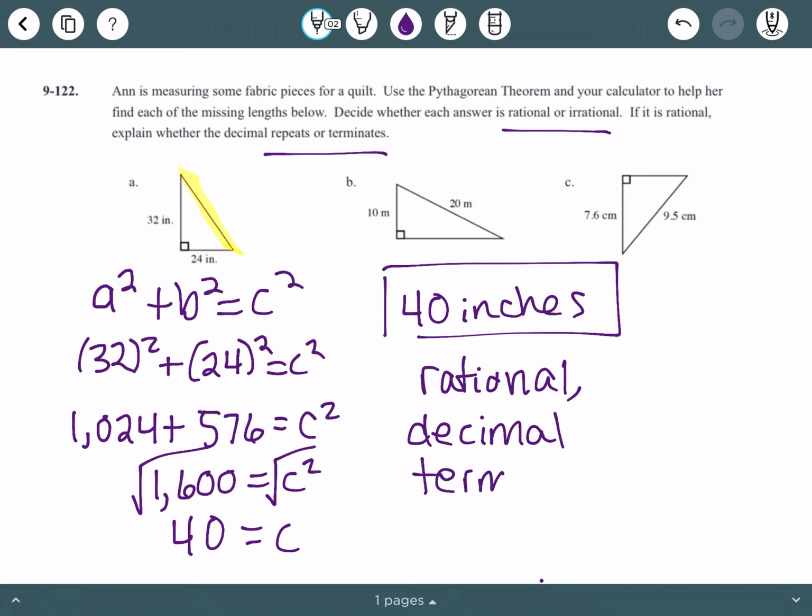Remember, terminate is just the more mathematical word for end, so it means the decimal ends. Make sure that you have everything I have written down. Then we'll have a look at part B.